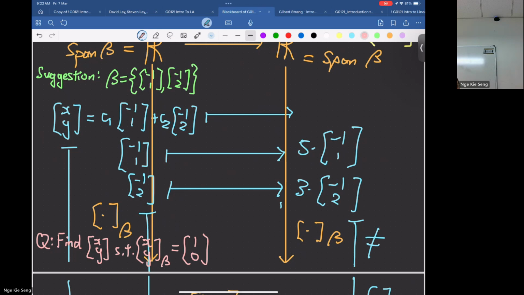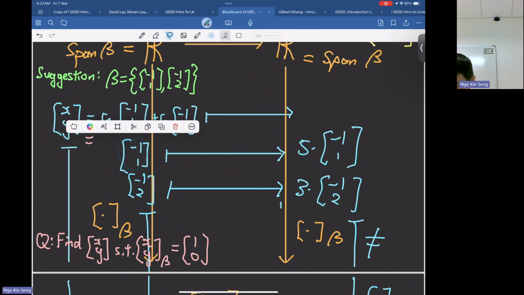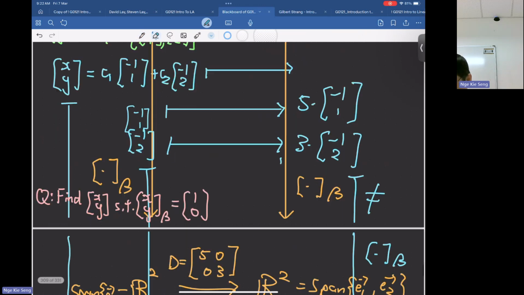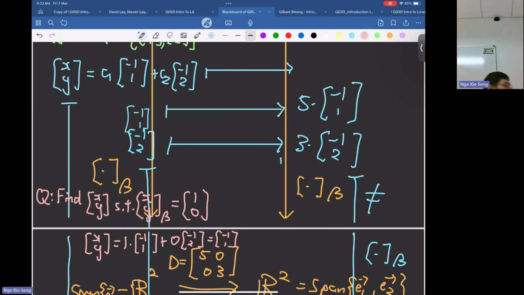You need to plug this (1, 0) into your C1 and C2. So (x, y) equals 1 times (-1, 1) plus C2 times the other vector, and C2 here is 0. So you get (-1, 1). This is the correspondence between (-1, 1) and (1, 0).